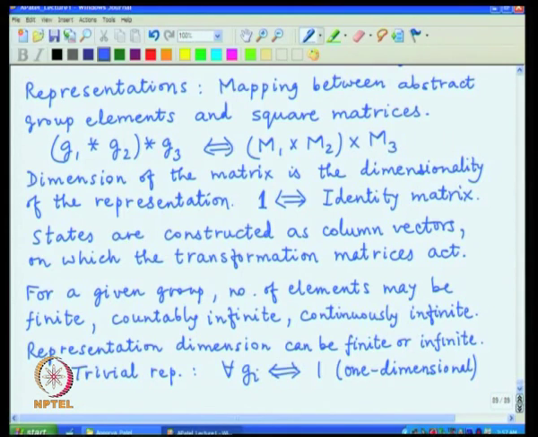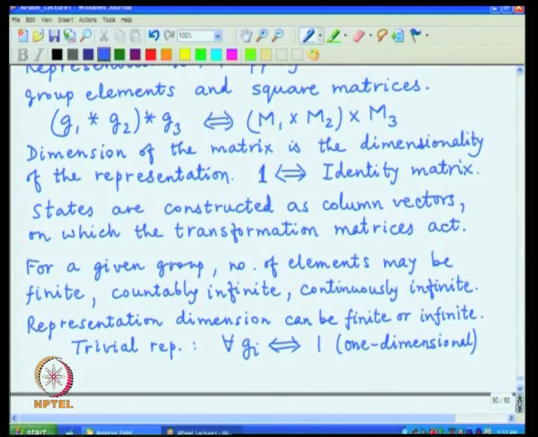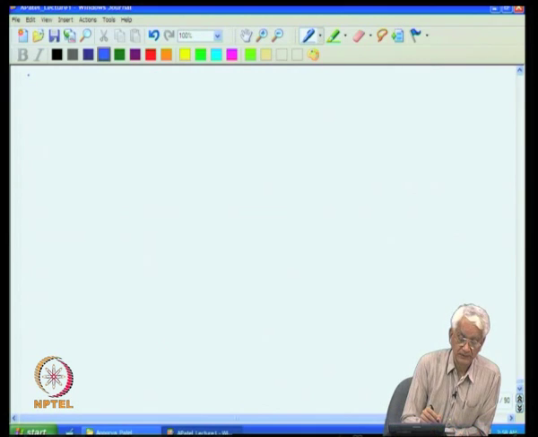One more label which is used typically in describing various representations. If the matrix has a particular set of bases where the matrices become block diagonal instead of being completely filled, then such representations are called reducible.